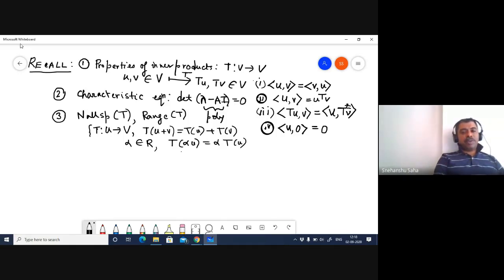It should also be obvious to you that if you map a zero vector, it should take you to a zero vector.